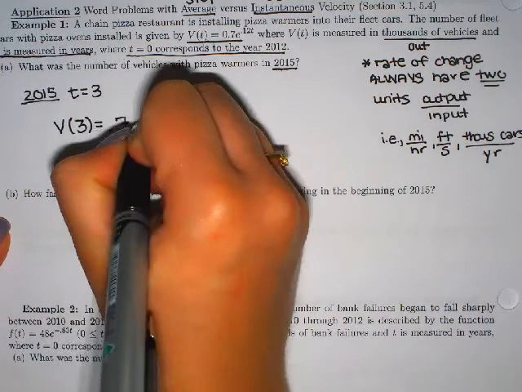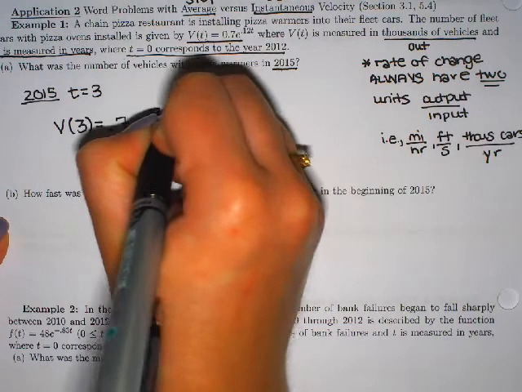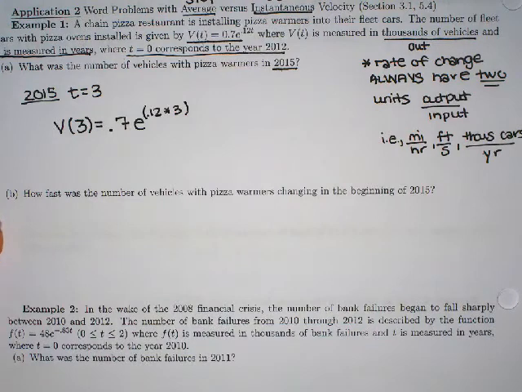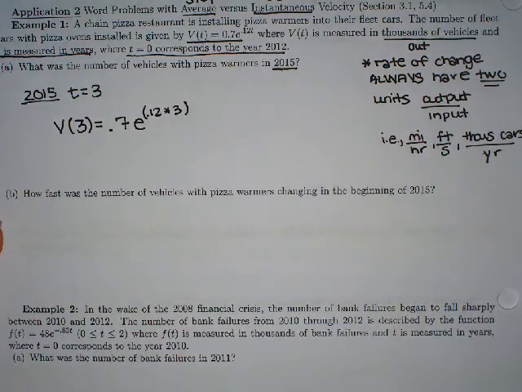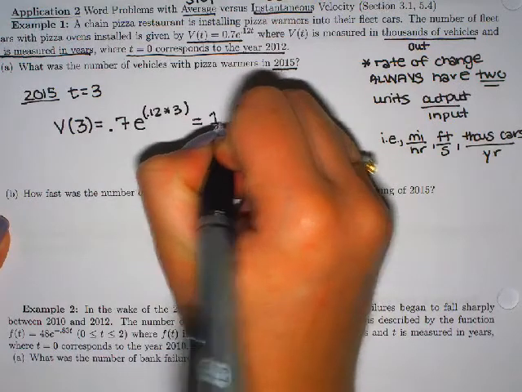So we're going to do 0.7 times e to the 0.12 times 3. And you probably need that whole thing in parentheses, or you can multiply that out first.